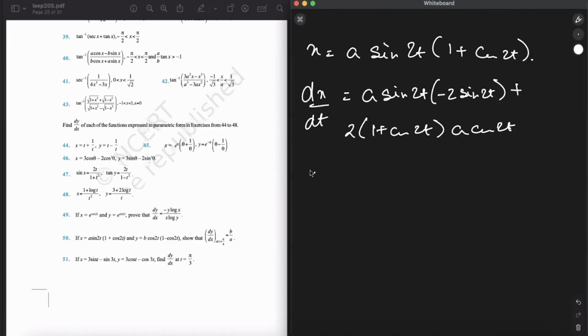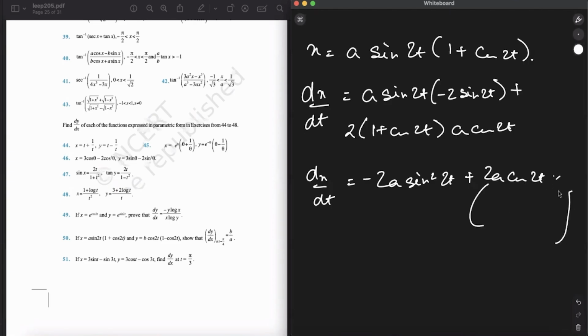So finally, dx by dt will be minus 2a sin square 2t plus 2a cos 2t in brackets (1 plus cos 2t). That completes the dx by dt term.